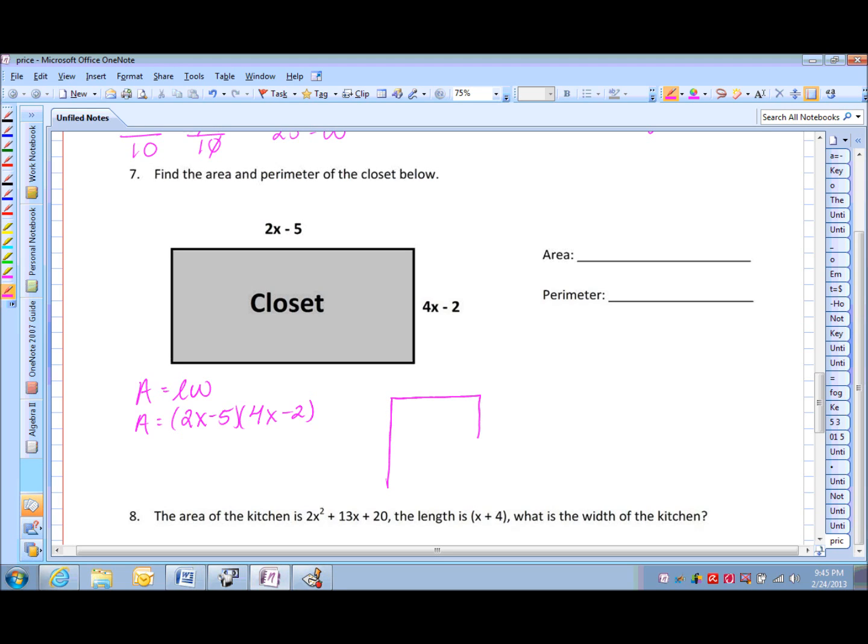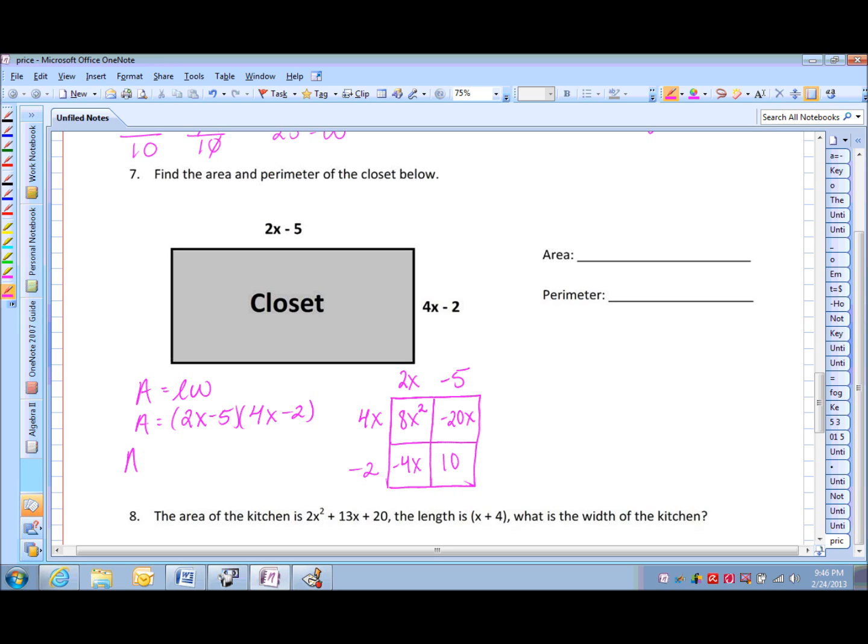I like to use the box method, so I have a binomial times a binomial. So I make a box with 2 columns and two rows. I put the first binomial on the top and the second binomial on the side. And when you multiply, you get 8x squared minus 20x minus 4x and a positive 10.